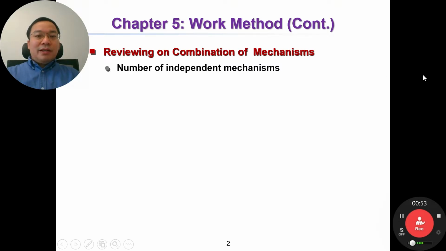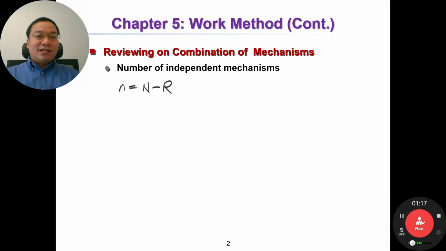To determine the combined mechanism, first we start with the independent mechanisms, right? And we have to determine the independent mechanisms. Do you remember how to determine the number of independent mechanisms?